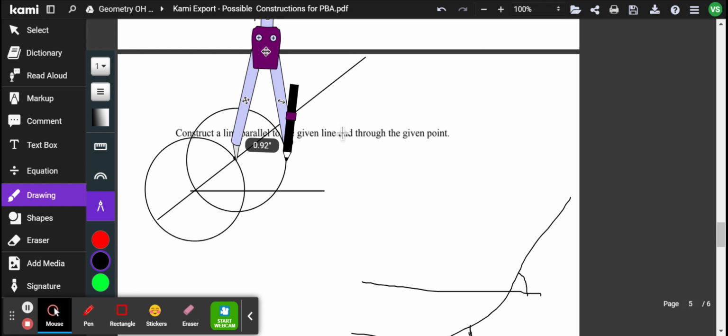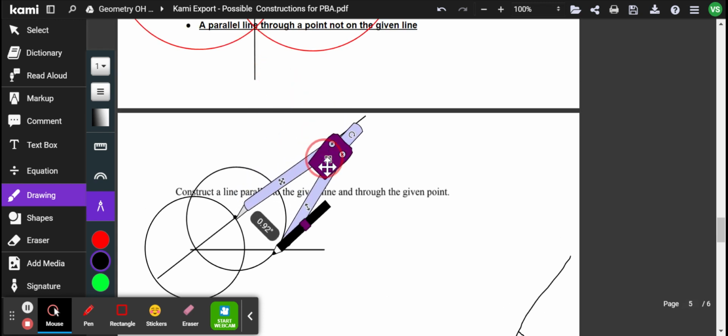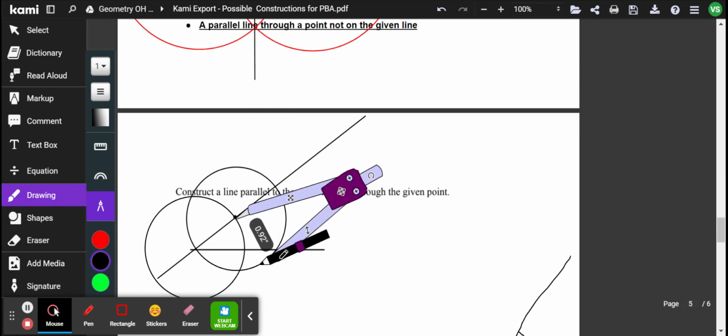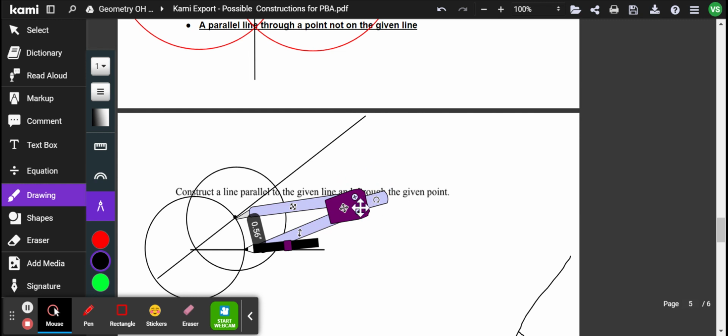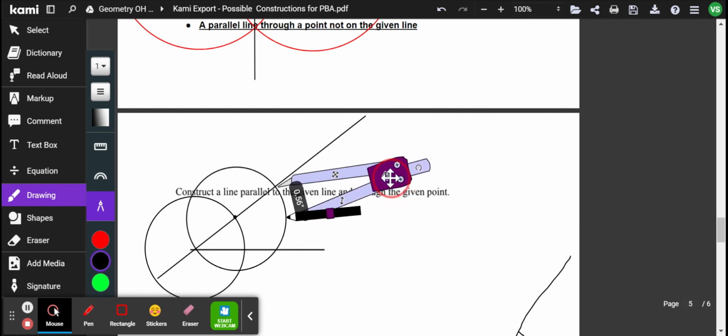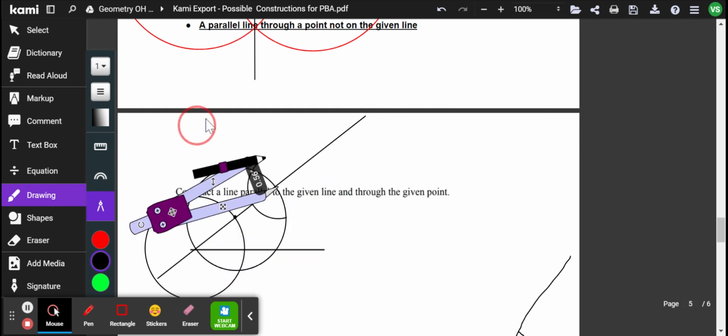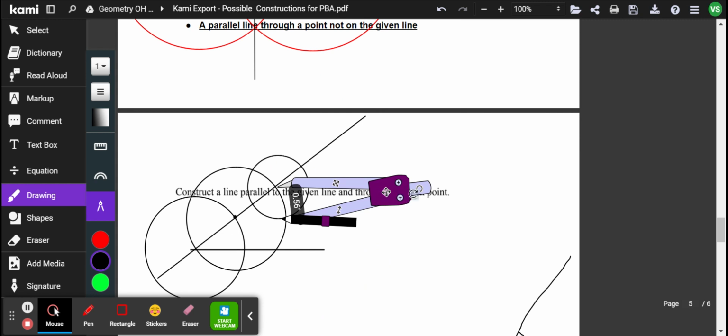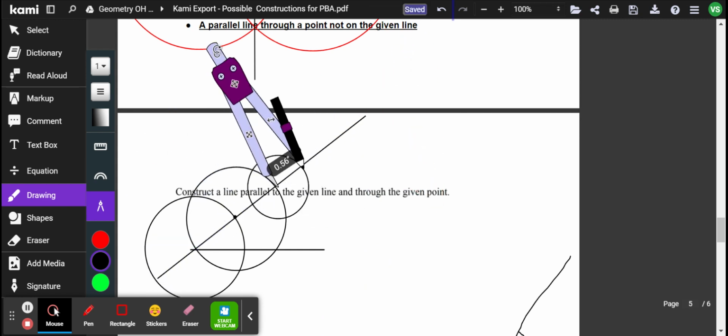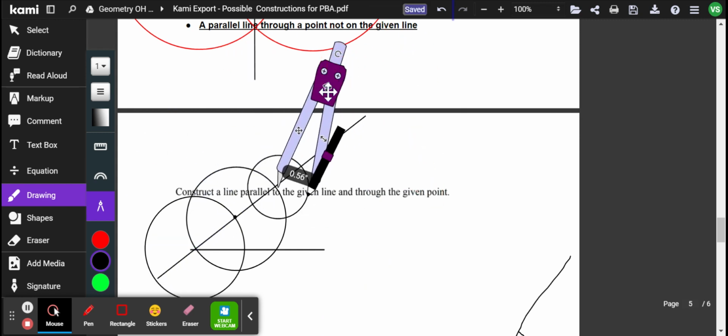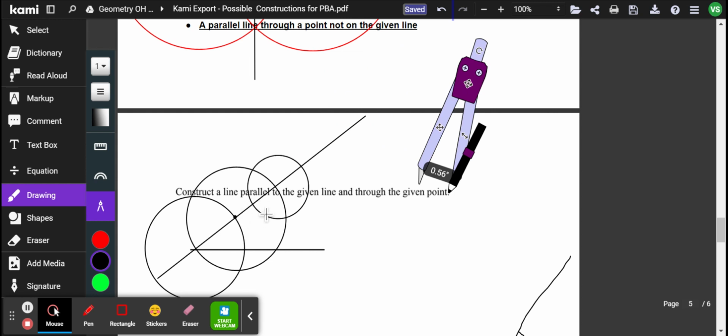So what I'm going to do is take a measurement of the size of the angle, right? By doing this, because I know when I move this up here and that angle is the same, my parallel line is going to come right here. So I'm going to make the circle here. And I know now that this angle down here is going to be equal to that angle.